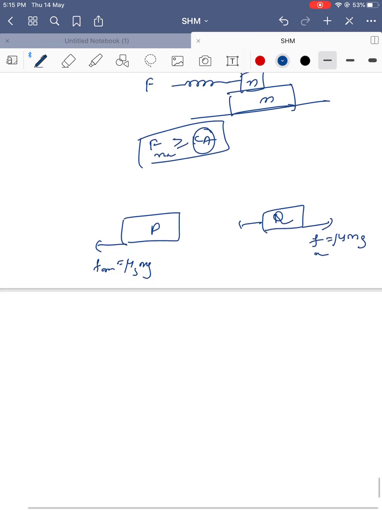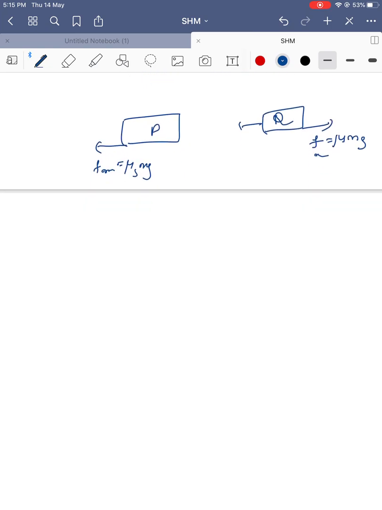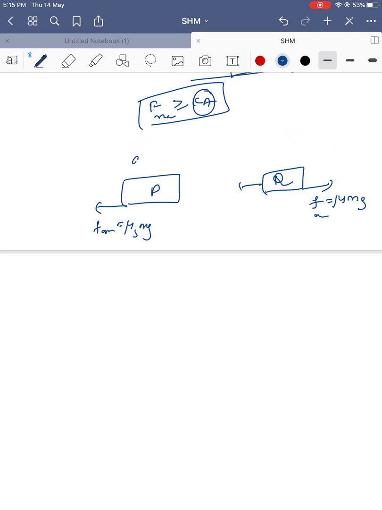So when the forces are acting on the upper block, we should consider the lower block. What is the maximum acceleration? A max is equal to force by mass, so mu s into g is the maximum acceleration.